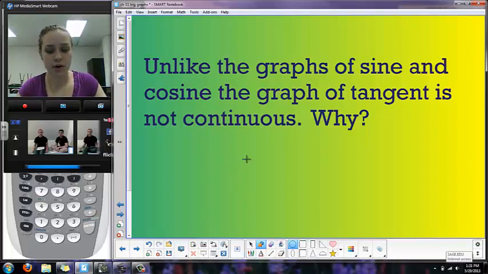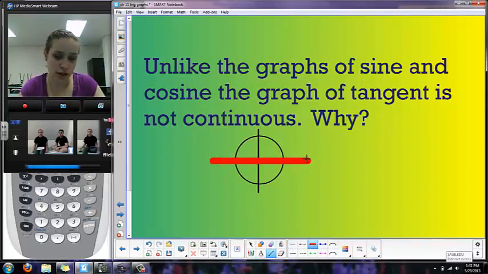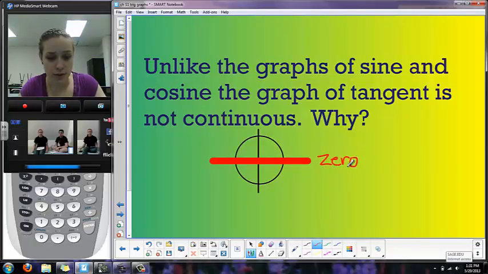You remember how for tangent I told you that if you're looking at the values of tangent going across this line, so 0, 180, or 360, those values of tangent were equal to 0. And then if you were looking at tangent along this line, then those values of tangent were undefined. So at 90 and 270, tangent is undefined.